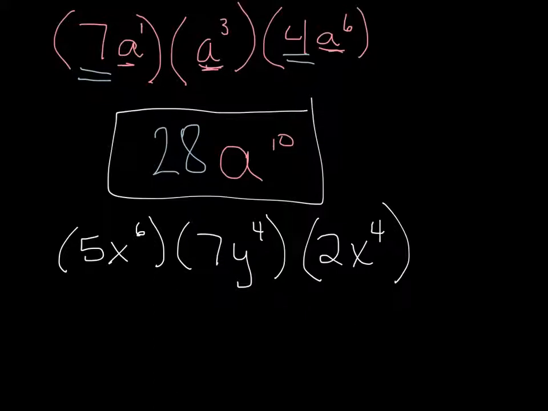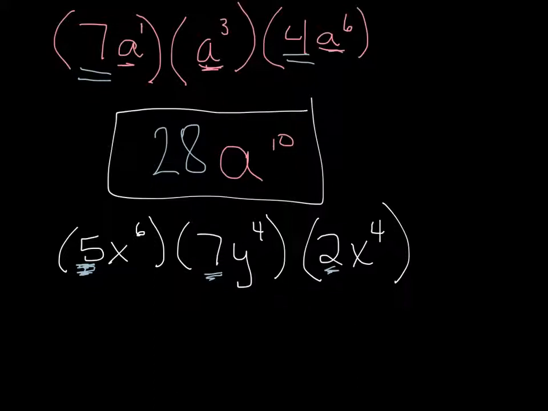What are our common coefficients, I should say? We've got these what are called numerical coefficients, this 5, this 7, and this 2. So we know those can be multiplied together. And remember my trick about grouping?